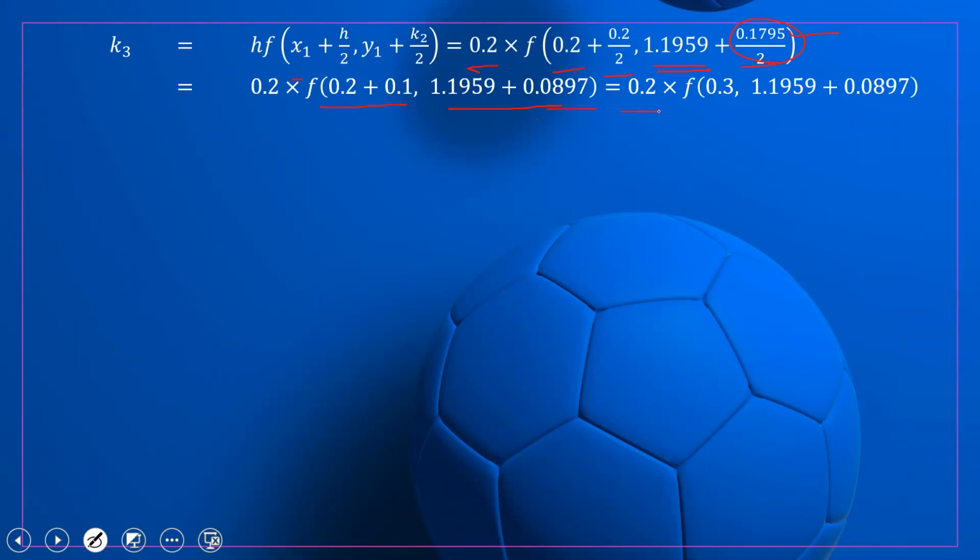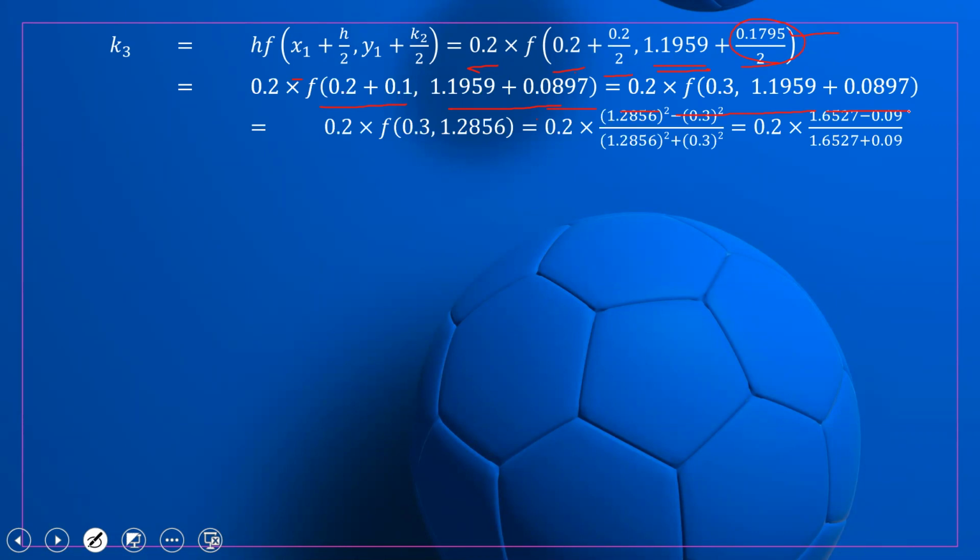So it is 0.2 into f of 0.3 and 1.1959 plus this. Finally we get 0.2 into f of 0.3, 1.2856. Applying the formula, the answer is 0.2 into 8.8967, which equals 0.1793.